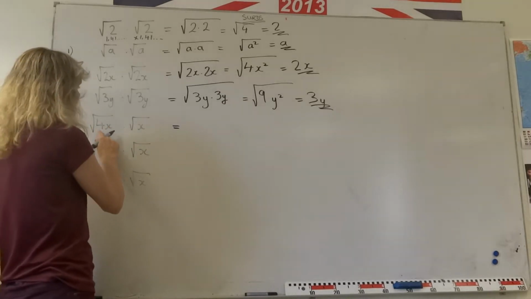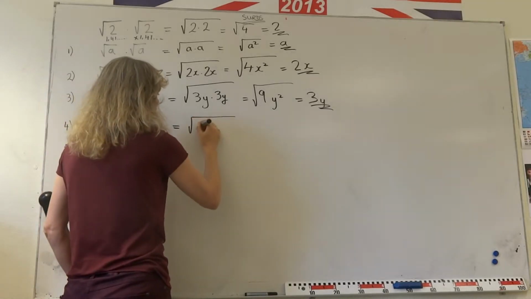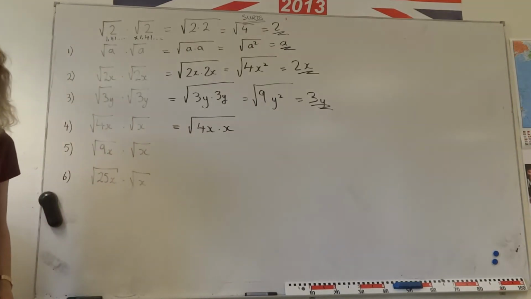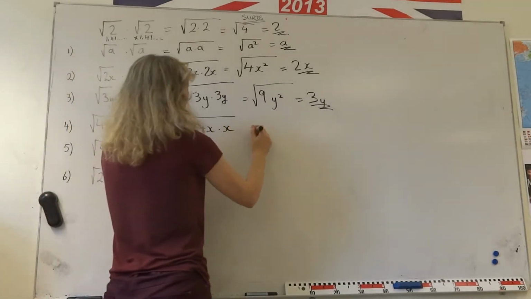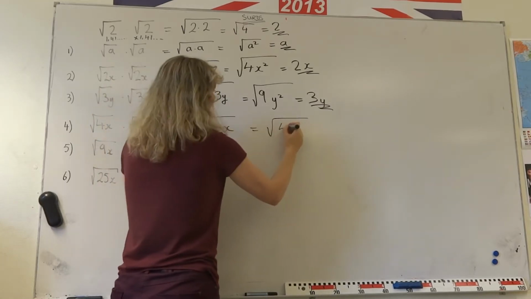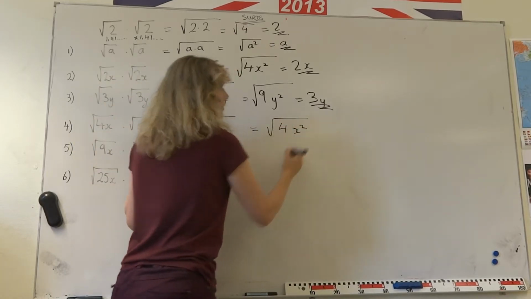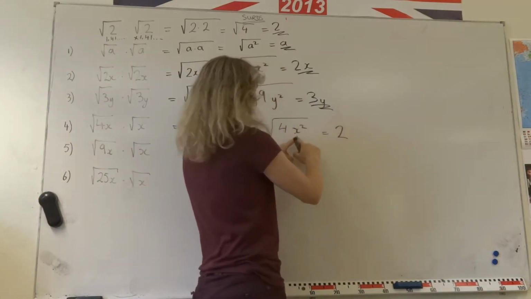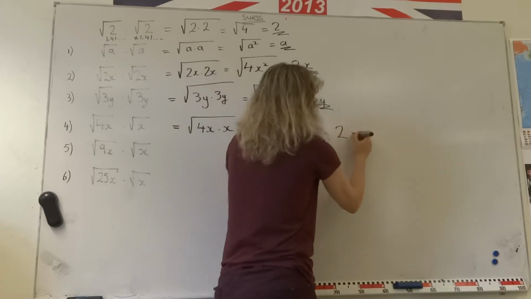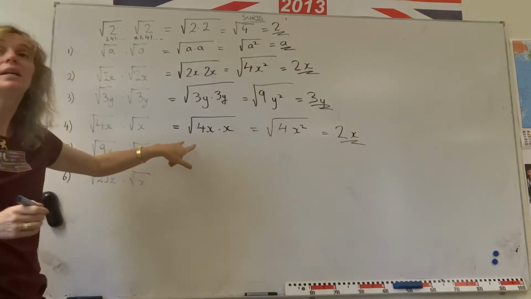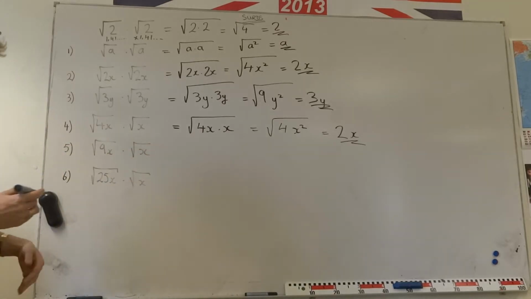What we can say here is that it's the same as the square root of 4x times x, which is the square root of 4x squared. The square root of 4 is 2, and the square root of x squared is x. So this middle step is very important here to get that correct.